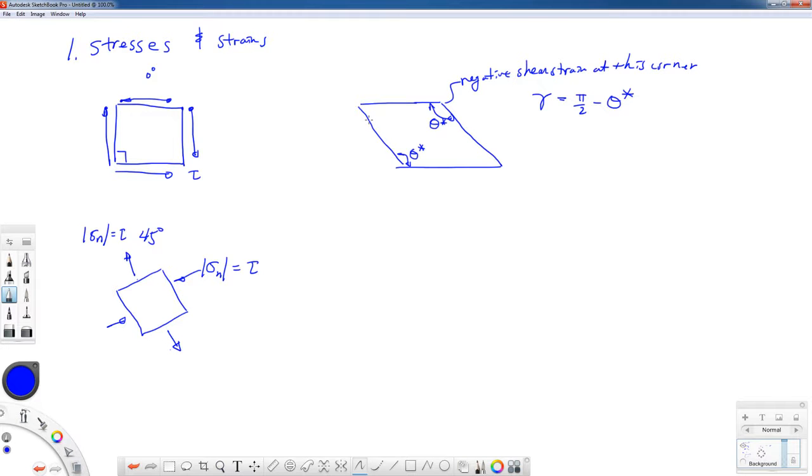And these two, okay, let me use theta star, but let me put it in a different color to emphasize that they're smaller. At those two corners, we're going to have positive shearing strains.